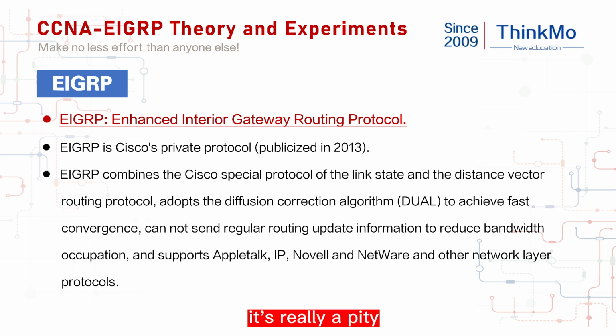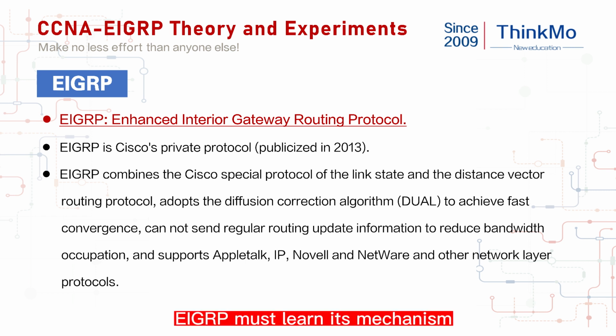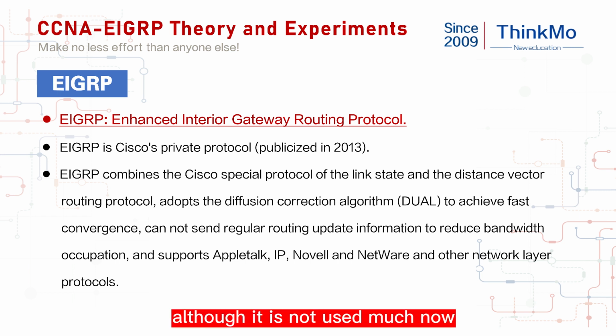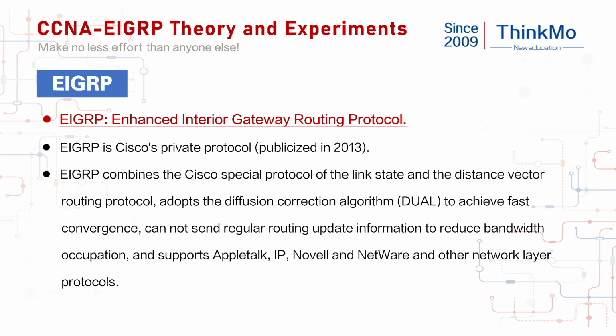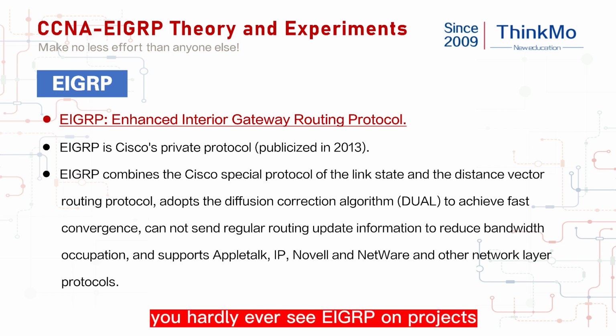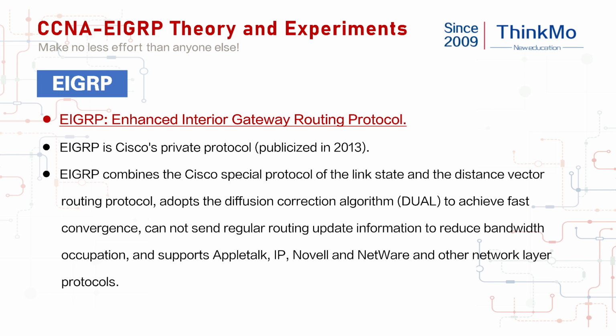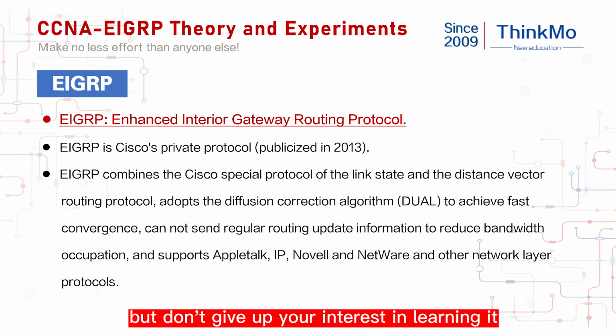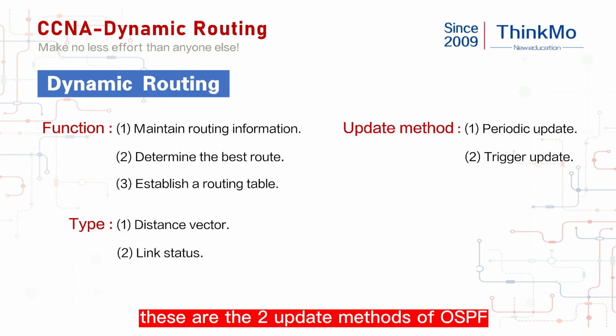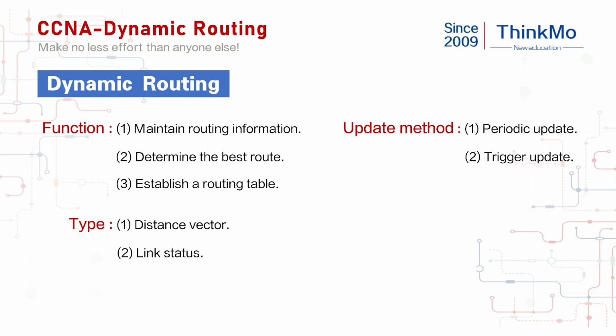It's really a pity. But since we are learning Cisco, we must learn EIGRP's mechanism, although it is not used much now. You hardly ever see EIGRP on projects, but don't give up your interest in learning it. These are the two update methods of OSPF. Then, for EIGRP, there are only triggered updates.